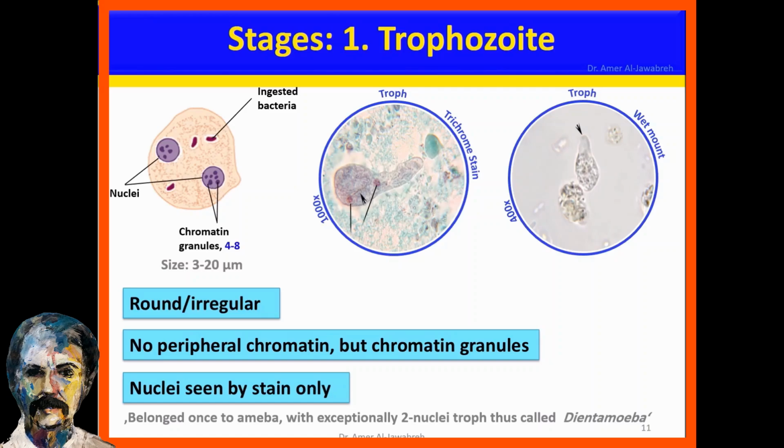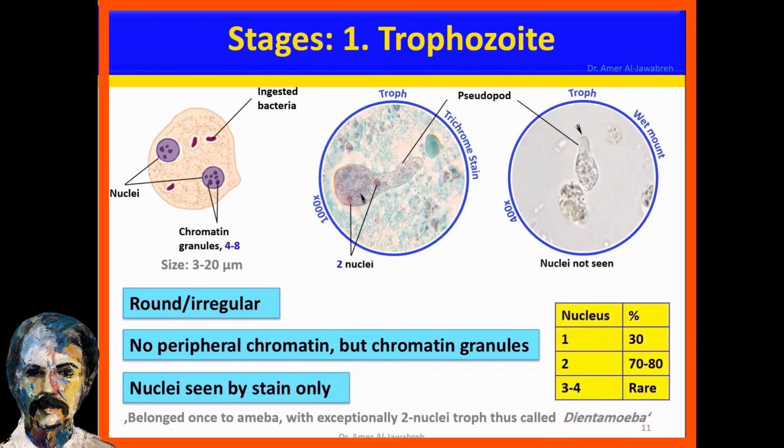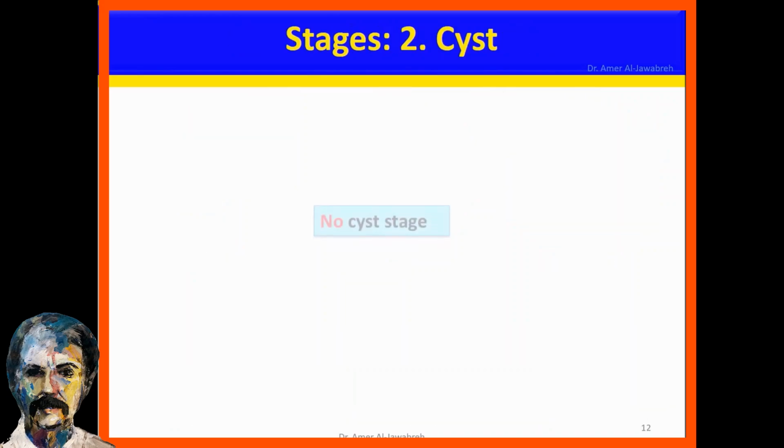You will never think this is a parasite. For this reason, a good lab should have PCR there all the time. 2 nuclei, pseudopod, and look, mostly 70 to 80% have 2 nuclei. Up to 30% have 1, and rarely they have 3 to 4, very rare. So let's stick to 2 nuclei in most cases.